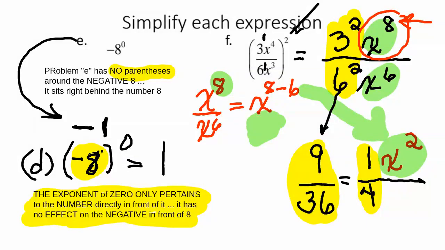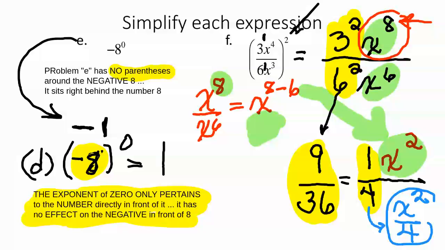Okay. So my answer is 1/4 x squared. Or sometimes Pearson, because remember, I don't like to write ones, they can also give you an answer that says x squared over 4. That's what this means. Because remember, I don't write ones.